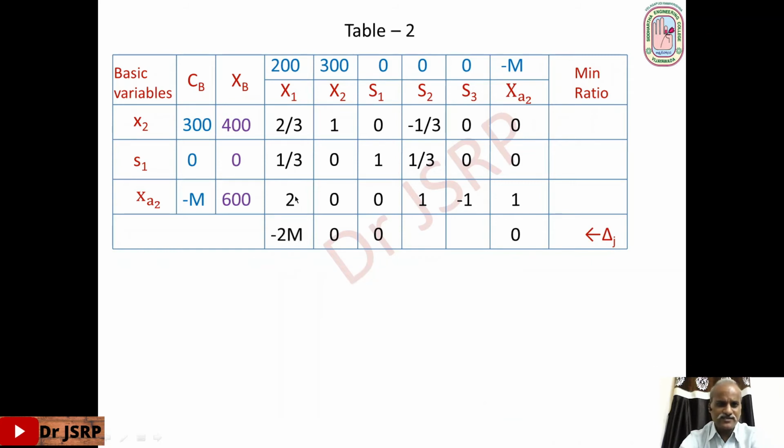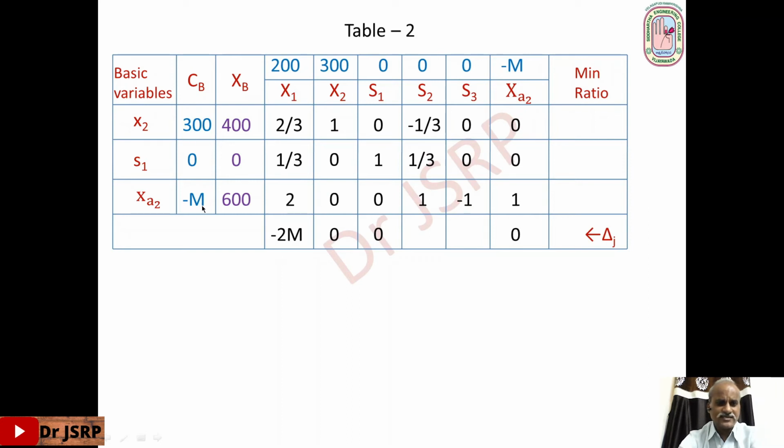Find the objective function value. Find the delta j values. First delta 1. This is this into this. So here we have a minus M term. So you can consider only the M term by neglecting other terms. So delta 1 is minus 2M. Yes, minus 2M. Since here we have no M term, compared with M all these are negligible.